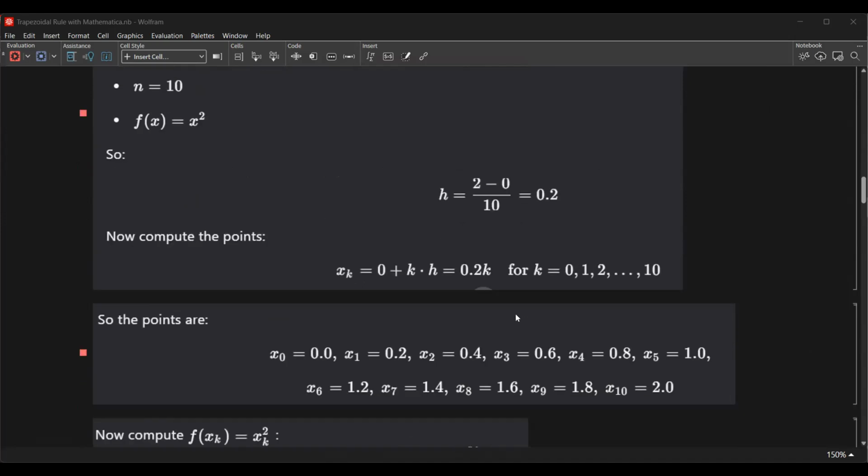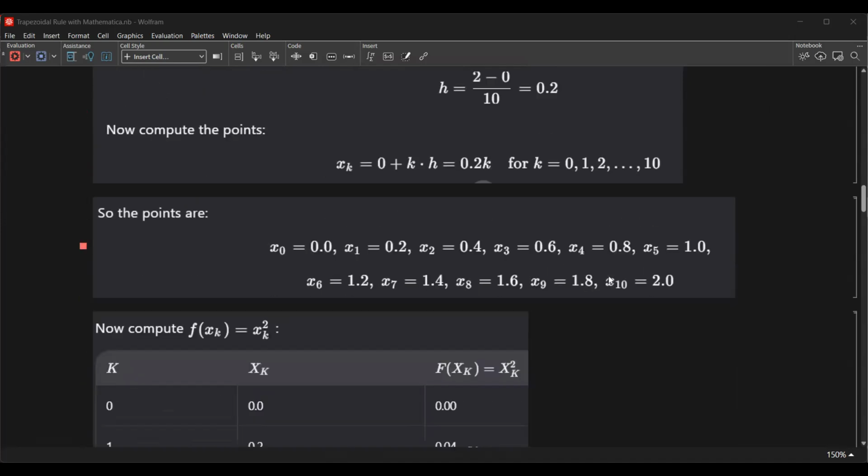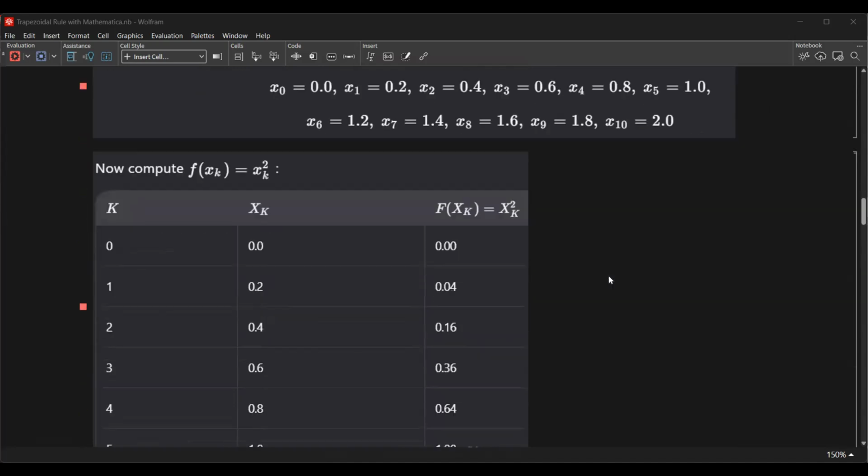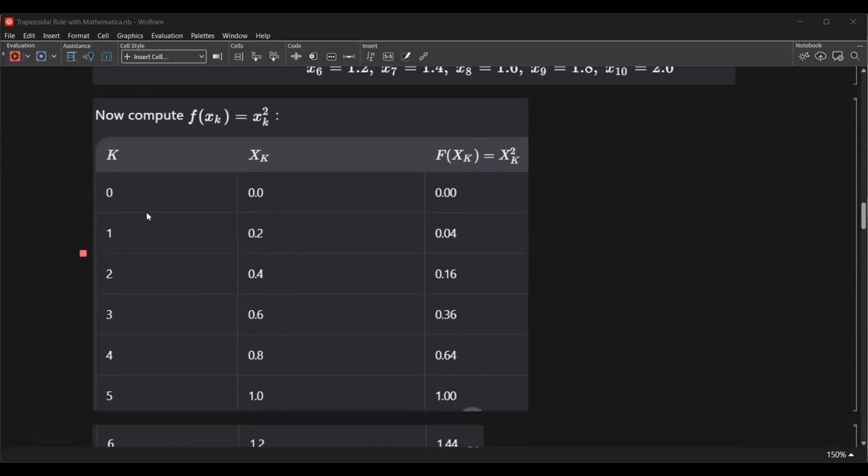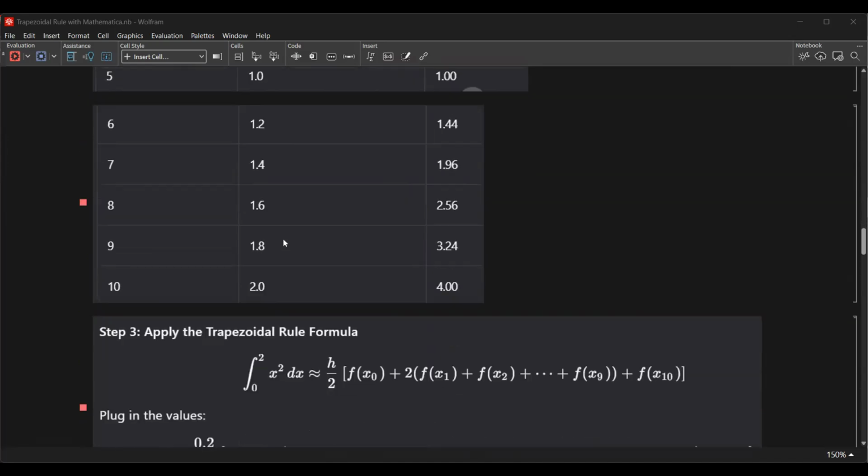Now compute the points here: 0 plus kh equal to 0.2k, for k equal to 0, 1, 2, 3 up to 10. So we have the index here and x of k here. The value of x here is from 0 to 2.